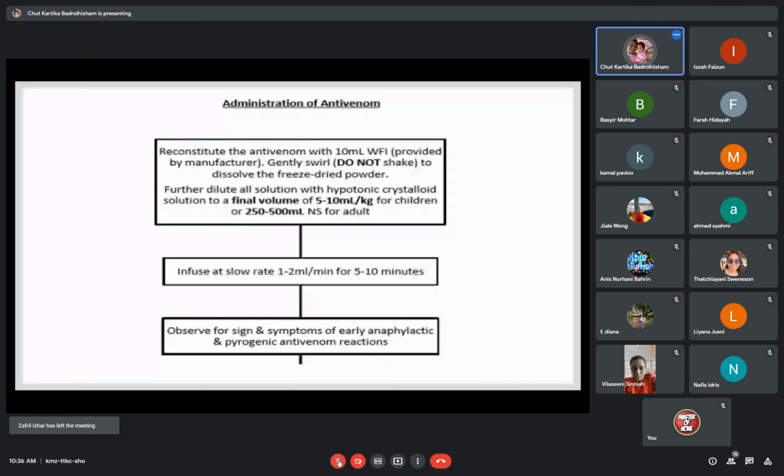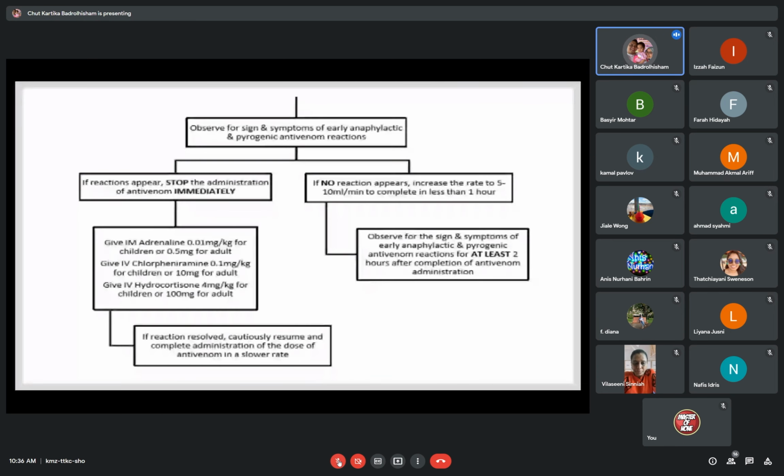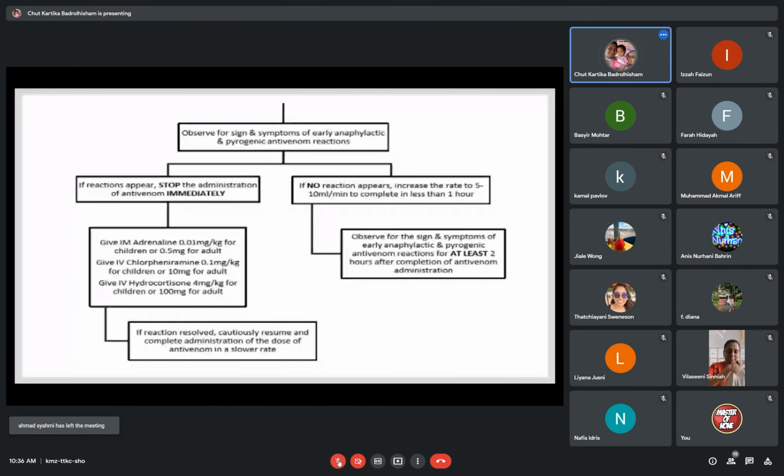Because antivenom is something we rarely give, so we fear the patient will develop anaphylaxis. So when we observe a reaction towards the antivenom, the patient starts to have rashes, urticaria, SOB, stop the administration immediately.